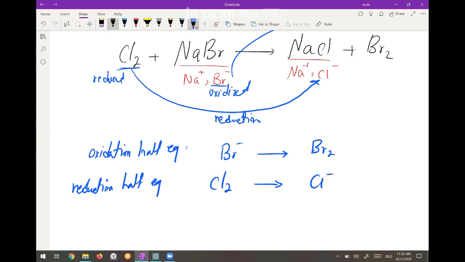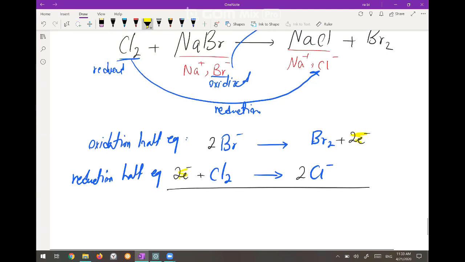Now I need to balance these two equations. For balancing the first one, I need to put 2 here and 2 electrons on the other side. For balancing the second equation, I need to put 2 for chloride to make it the same as the other side, and 2 electrons here. Now the number of electrons are equal.